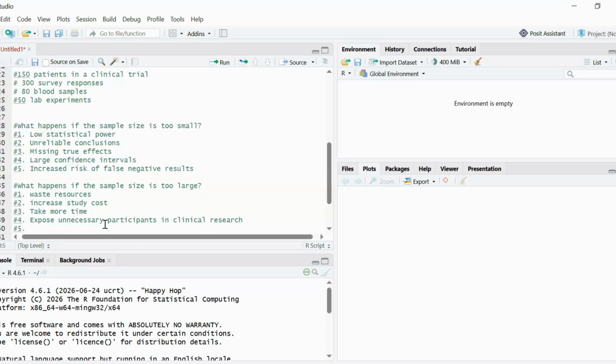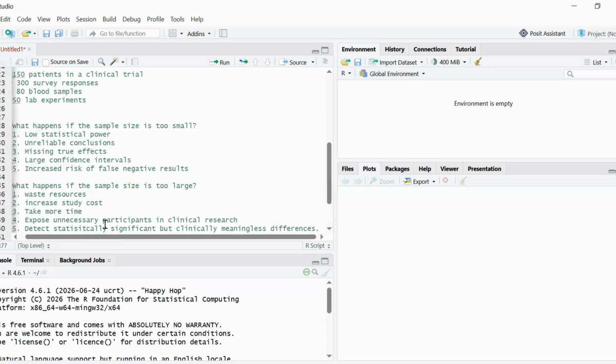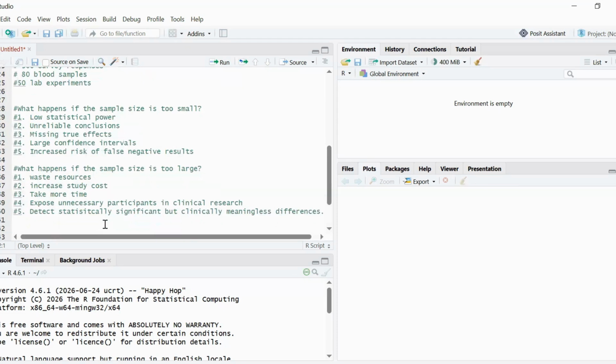Fifth, it may detect statistically significant but clinically meaningless differences. So it means bigger is not always better.